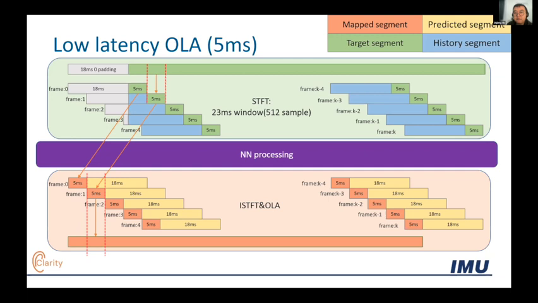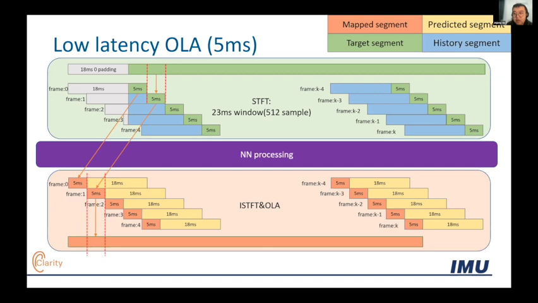When another 5 millisecond segment comes in, we get frame 1. Similarly, we use the neural network to process it and get the corresponding time domain output signal. And again, we use the beginning 5 milliseconds and the corresponding segment of previous frame 0 to overlap and add.